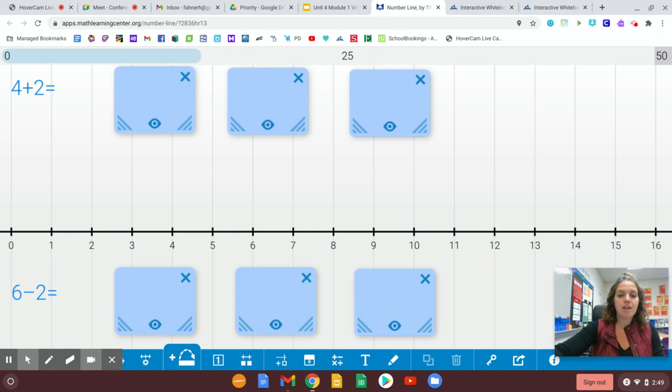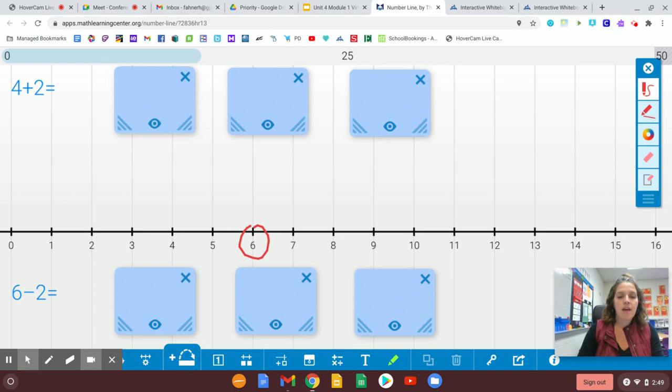Right, I'm going to start at the number 6, and how many jumps am I going to take for minus 2? I'm going to take 2 jumps.